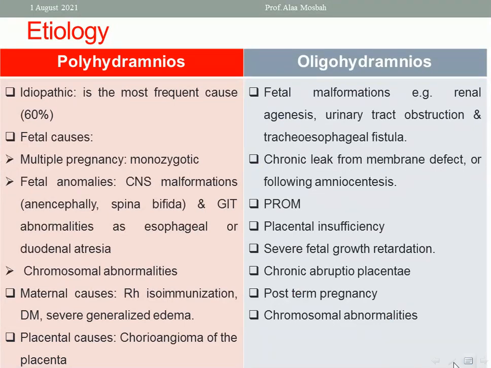So what is the etiology of polyhydramnios? Idiopathic is the most common cause, constituting about 60%. Fetal causes like multiple pregnancy, as in monozygotic twin transfusion syndrome.